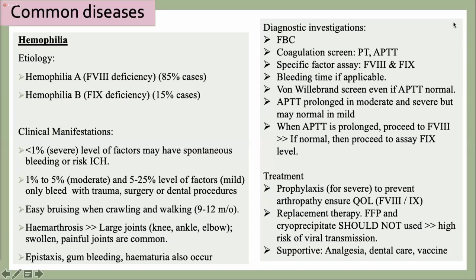No, actually you can give factor by a normal peripheral cannula. The only problem is that if you frequently need to puncture the patient for cannulation, after a few years it will be very difficult to put lines in.